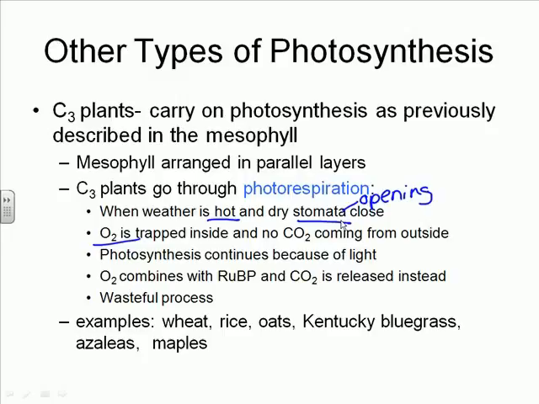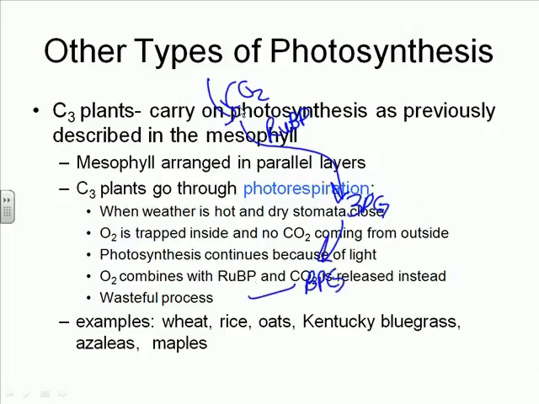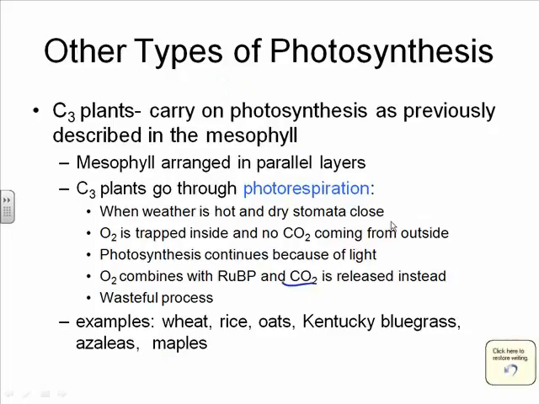So when we get over here to this Calvin cycle and we expect carbon dioxide to come in and join with RuBP and make 3PG and make BPG, instead of having the carbon dioxide to begin with, all we have is oxygen. So oxygen will combine with the RuBP, and then carbon dioxide will be given off. That is wasteful. That is wasteful in dry, hot weather because we need the reverse to happen.